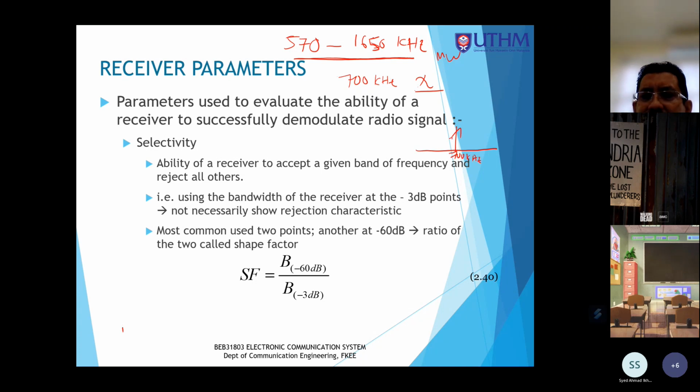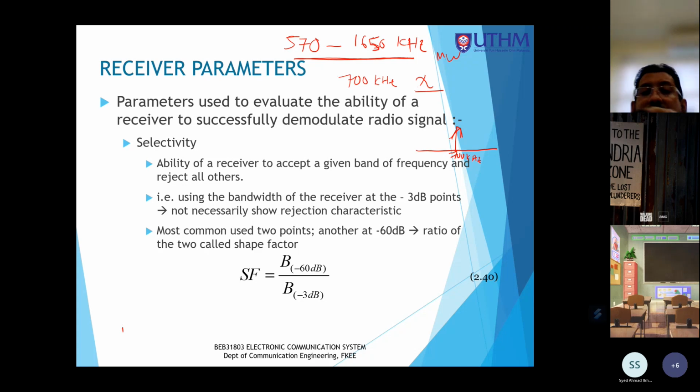Apa maksud center? Center frekuensi di sini bermaksud dia akan resonate pada 700 kHz. Radio kereta ataupun radio you, setting yang you push itu sebenarnya merujuk kepada tune circuit. You akan setkan resonant frekuensi pada frekuensi yang you nak dengar.